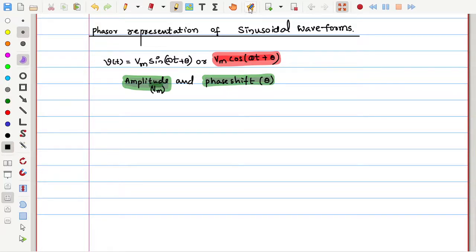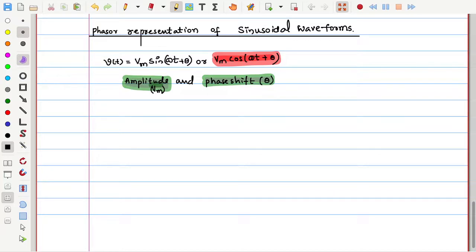So in general, any sinusoidal waveform can be fully characterized using only amplitude and phase shift. We need no information about the angular frequency to describe the sinusoidal waveform. This is the total story behind representing any sinusoidal waveform by phasor representation.